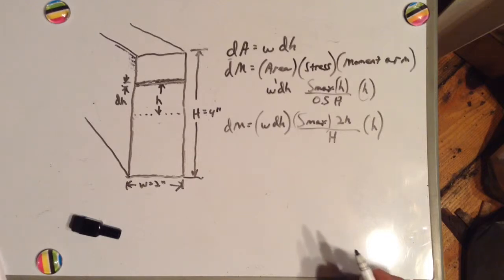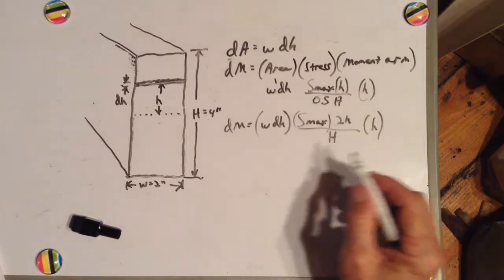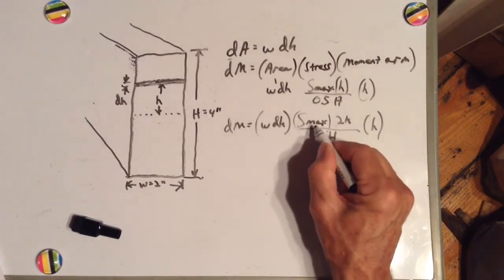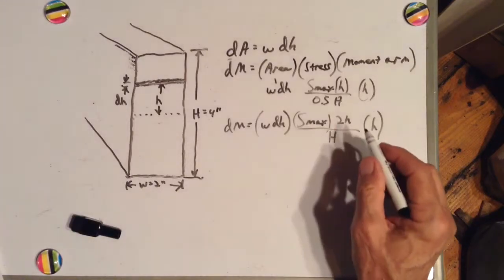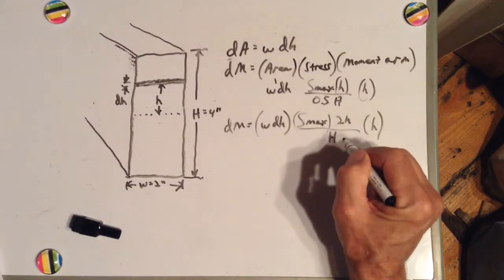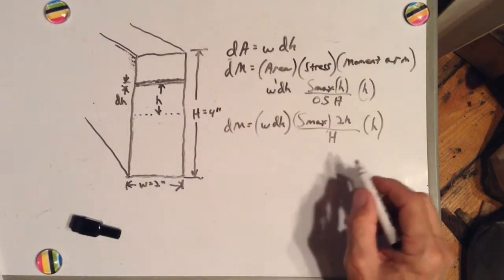Okay, let's rearrange our formula so that all the things that are not functions of h are moved to the left. Okay, stress max, that's the stress at the top of the board. It's not a function of h. It's 4460 pounds per square inch, wasn't it, for this sugar pine? Okay, 2 is not a function of h.